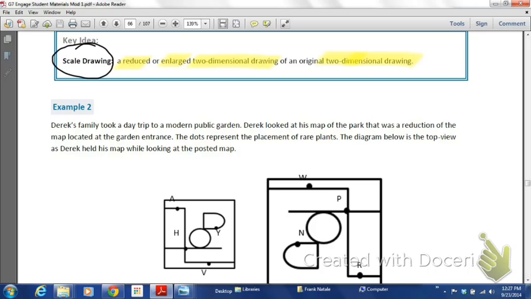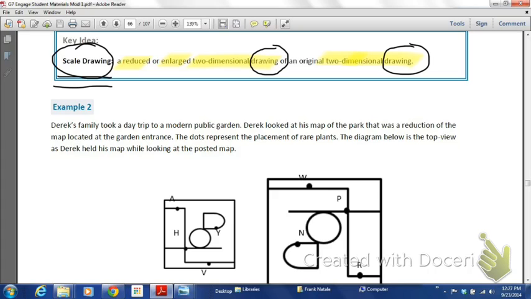Sometimes you're going to create a two-dimensional drawing of a three-dimensional object, possibly. But in this case, we are talking about scale drawing only. So let's consider this idea of drawing.